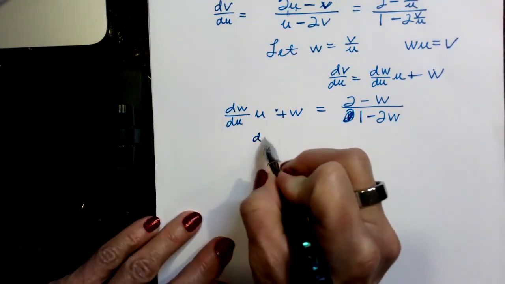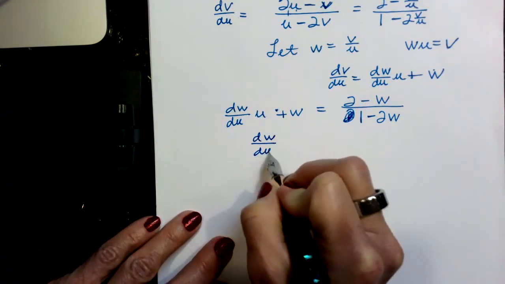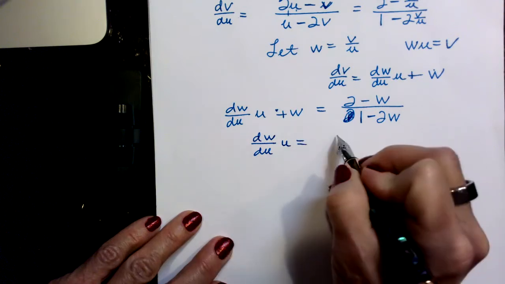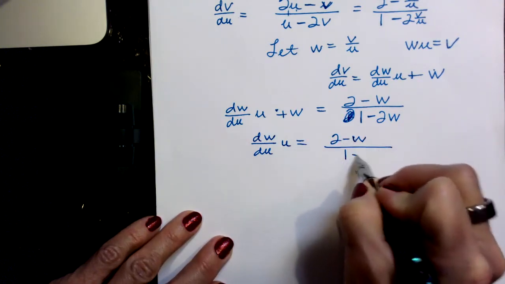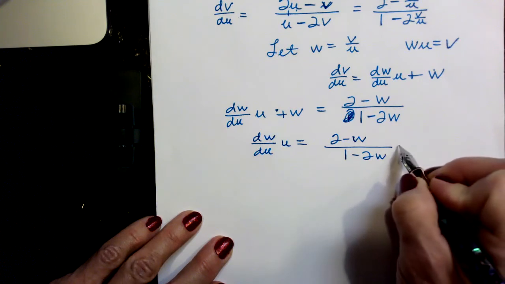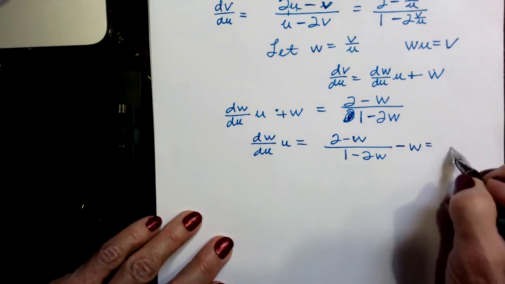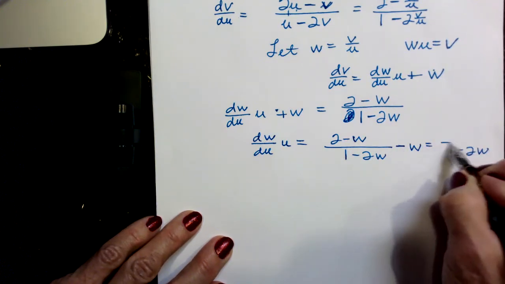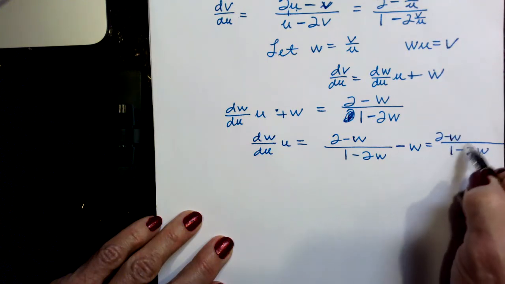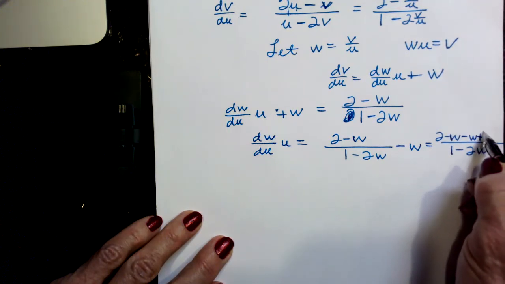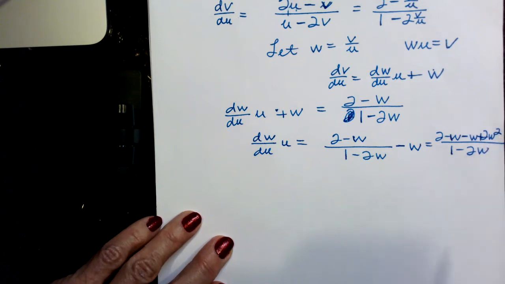Okay, so now we want to solve this. So let's do a little moving things around. I have (2 minus W) over (1 minus 2W), and then I need to subtract W. So let's get a common denominator. So I have 2 minus W, and then I will have a minus W and a plus 2W squared. Okay.